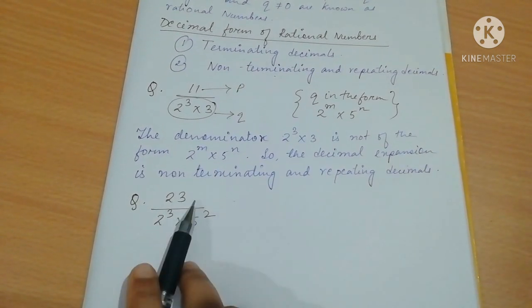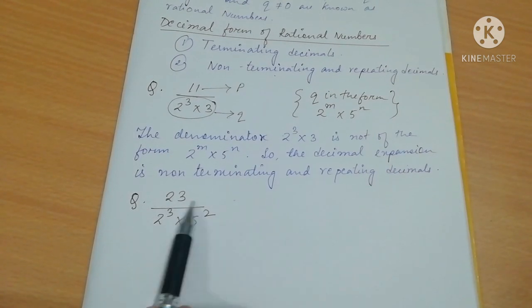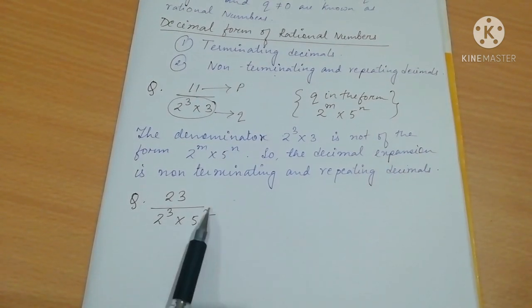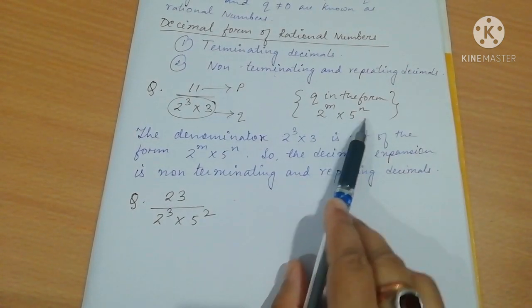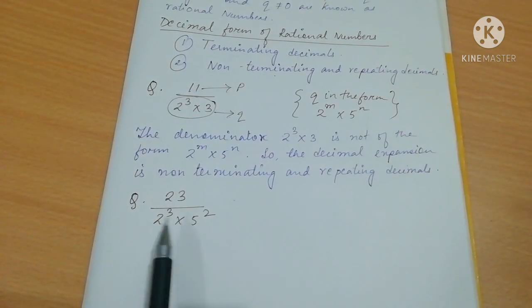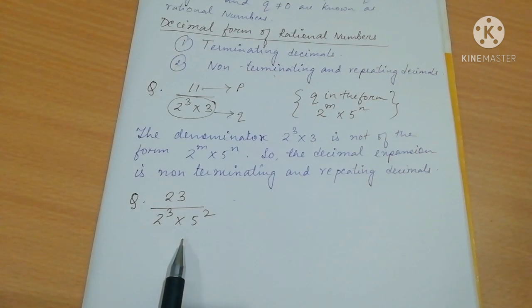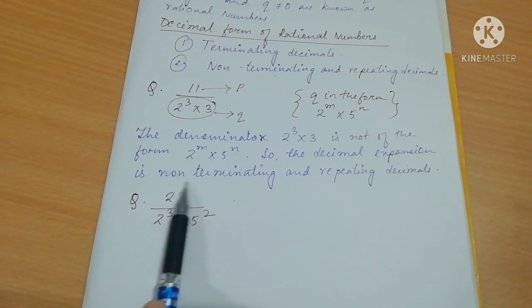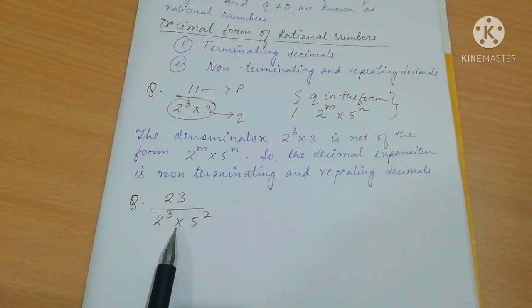In this, q is in the form of 2 to the power m into 5 to the power n, so the decimal expansion of this rational number will be terminating.